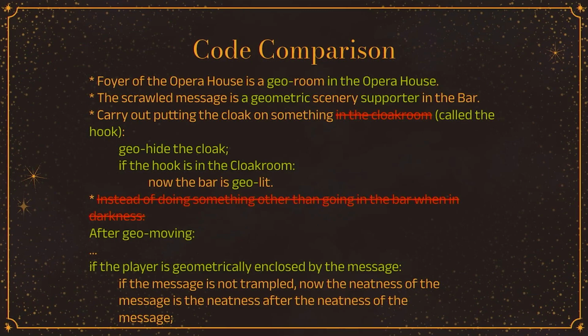So here is a bit of a code example of what we found to be pretty minimal changes needed to the Inform 7 code to make the game work. You see that there are these tags that are added to the game. So things like saying things are geometric, saying that you're going to geo-hide things. Those are Isofict terms for putting things into the JSON world model and the JavaScript code will recognize as being part of the game.